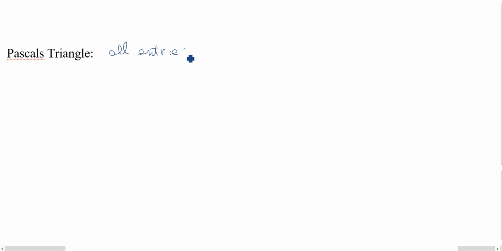There's a relationship between your combinations and Pascal's triangle. And in Pascal's triangle, all the entries are combinations. Well, what does that mean?